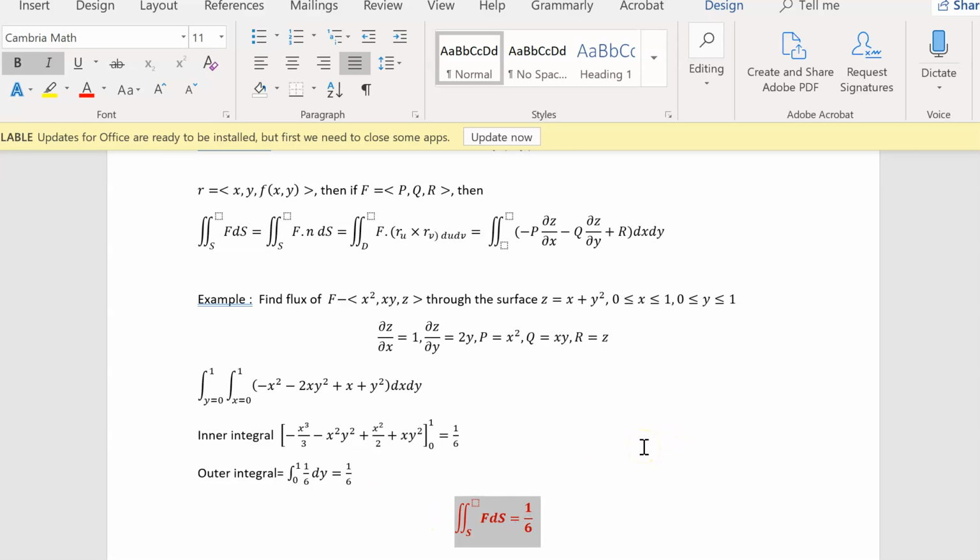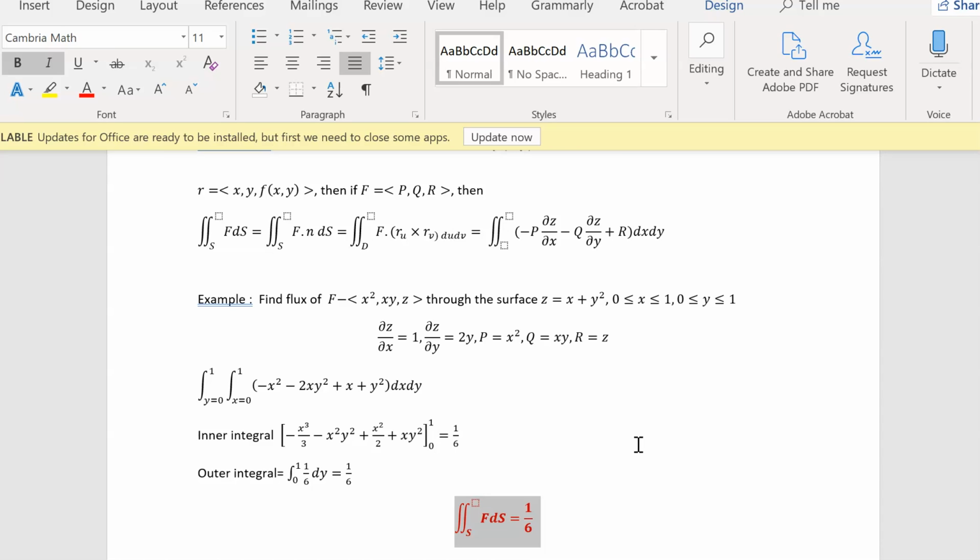That's it for this video, and that concludes my three videos on surface integrals. It's a very important section because surface integrals can be calculated. The thing is, we are integrating over a surface. In Calc 1 we integrated over an interval, and now we are integrating over a surface.